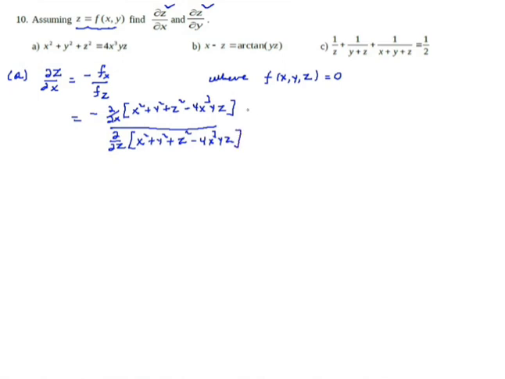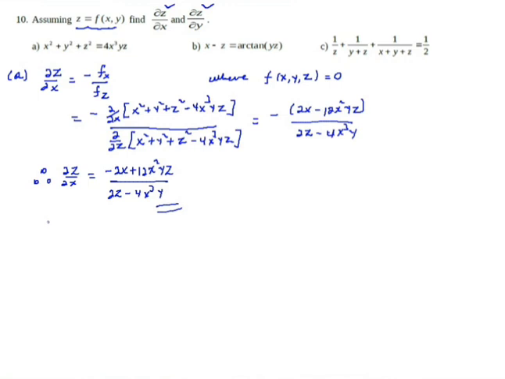Okay, so the partial derivative with respect to x is 2x minus 12x squared yz over, the denominator becomes 2z minus 4x cubed y. Okay, so what is the partial derivative of z with respect to x?